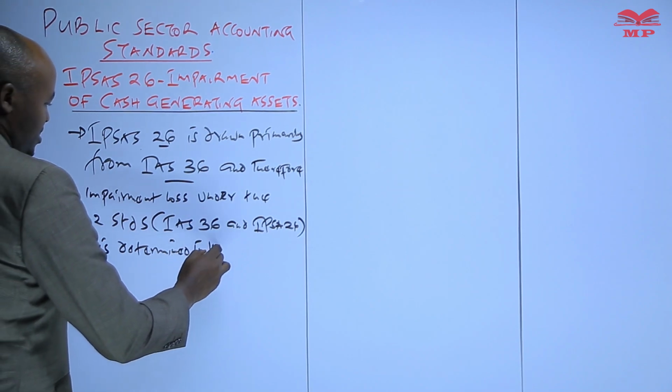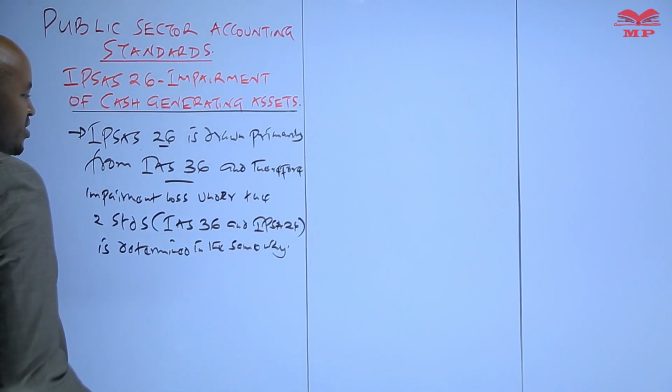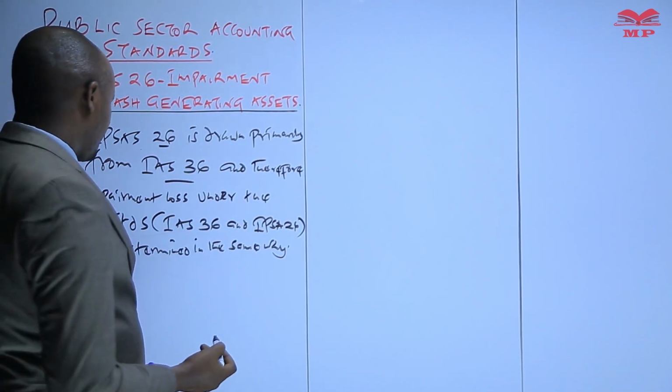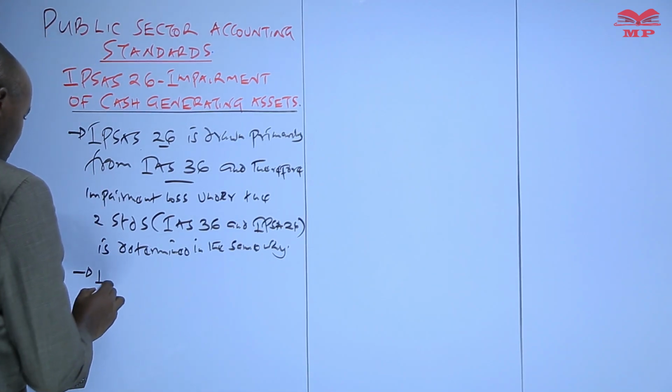Let's look at how we determine this particular impairment loss under the two standards.